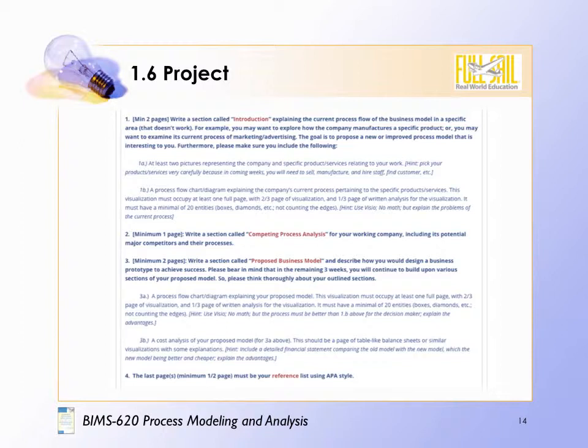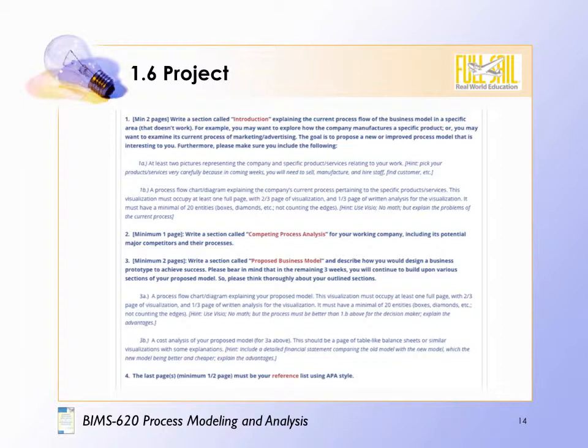Section 3, I want you to write a section called Proposed Business Model. Okay, in the introduction, you tell us what the current model is, what the pitfalls and shortcomings are, and what you plan to do for the month. And in section 3, your proposed business model, you want to give us a synopsis of how you plan to improve that.